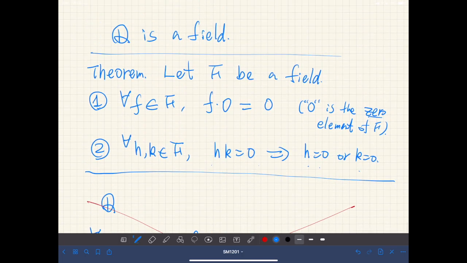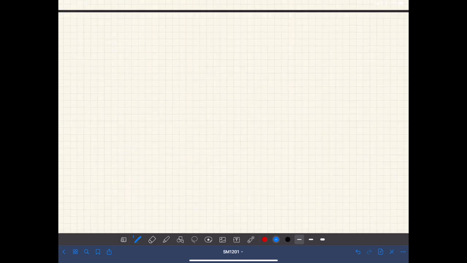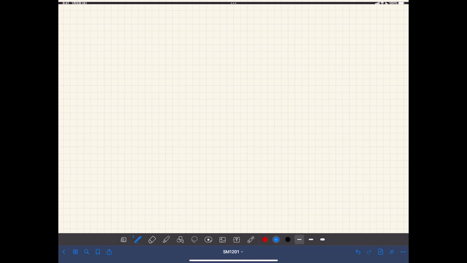It seems like we have used this theorem, but look, this theorem says if F is a field, then these two properties hold. Not vice versa. So let's make it more formal. Let's say P, capital P, is a logical proposition that F is a field.